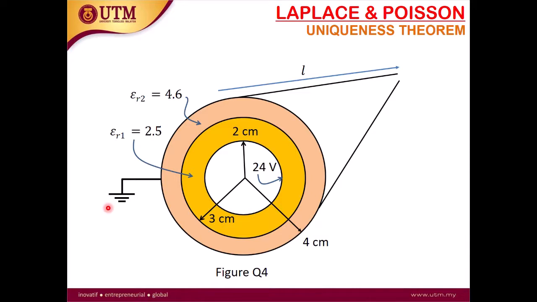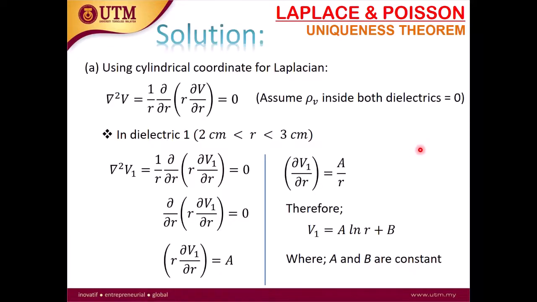So, how can we solve the problem related to this kind of structure? First of all, you have to know that this structure is a cylinder, so you have to use cylindrical coordinates. For the solution, we use the Laplacian in cylindrical coordinates. When we refer to the table of Laplacian, we see that we have three components: R component, phi component, as well as Z component.